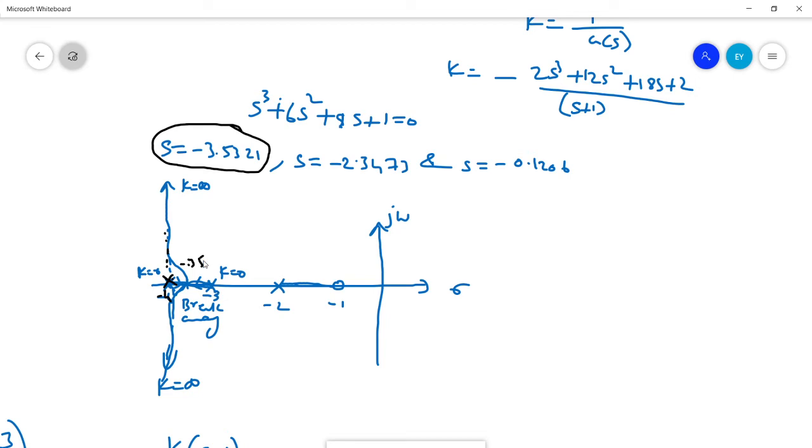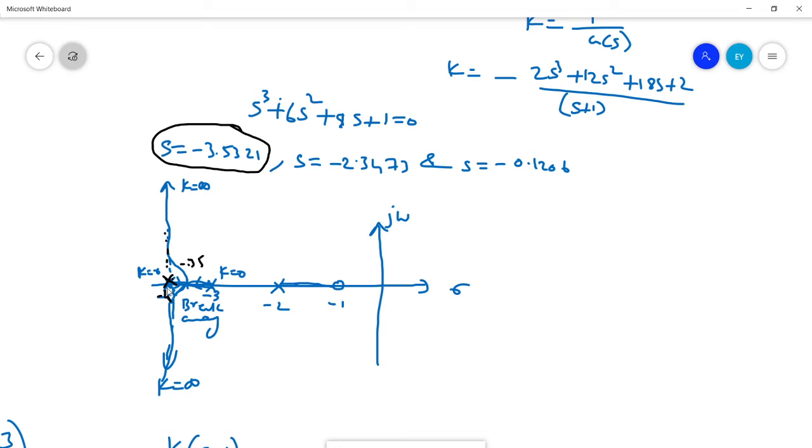and will tend towards the centroid. The centroid is minus 4, which it will be tending towards. The centroid tells the direction of the root locus, in which direction it should travel. The angle of asymptotes will tell the angle it should make with respect to the centroid, right? The centroid is minus 4, so it should travel perpendicular to minus 4.